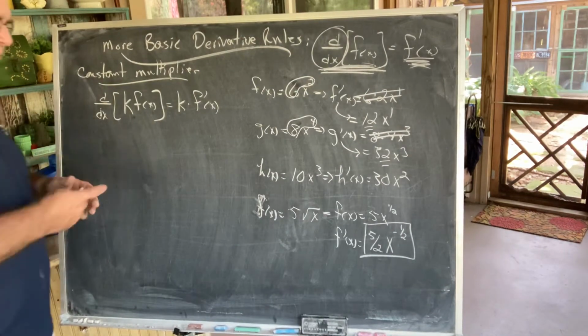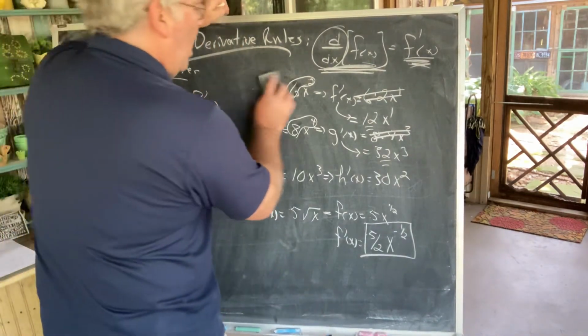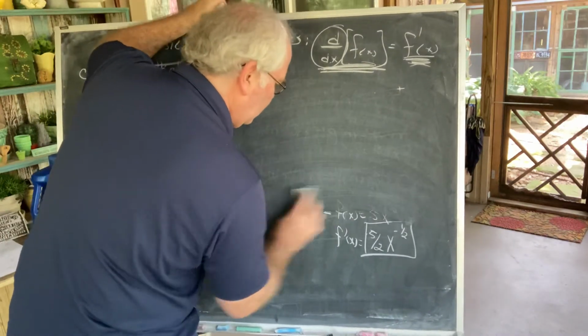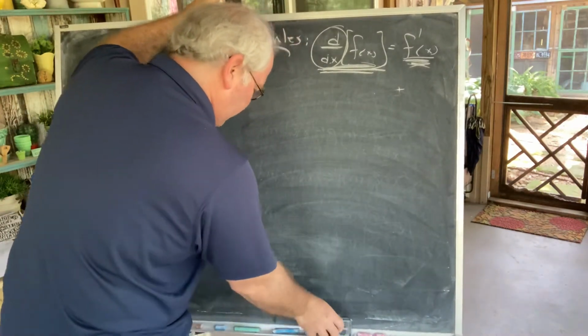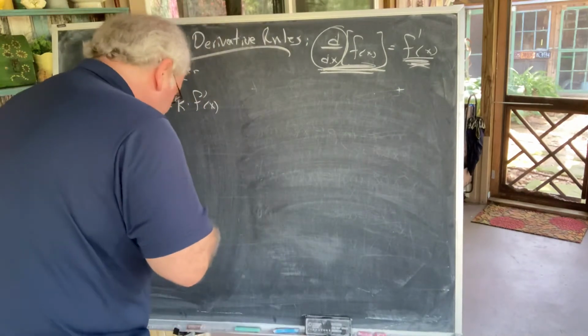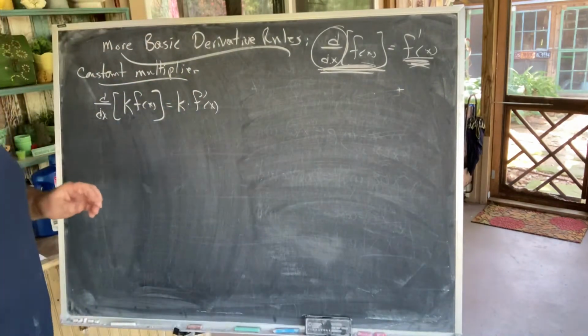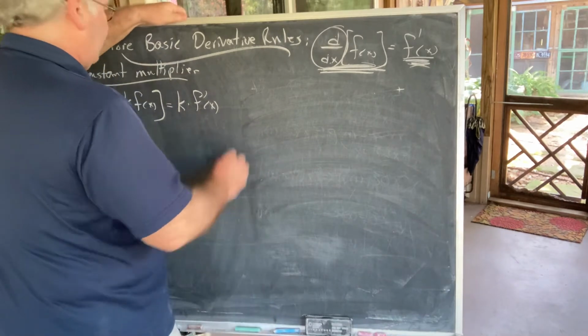Let me do a quick brush through as to why this is true. Again, you do not need to be able to reproduce this, but I'm going to show you where it comes from.